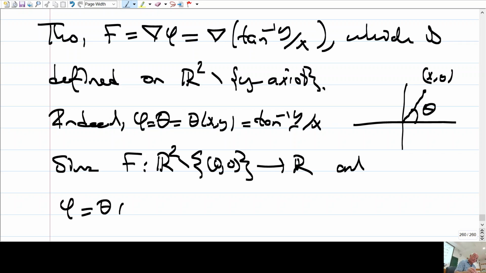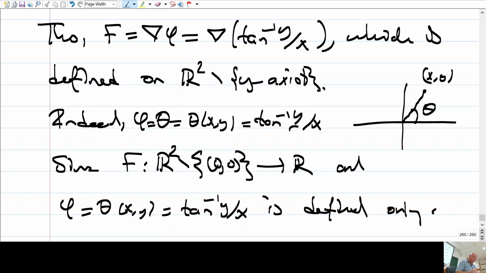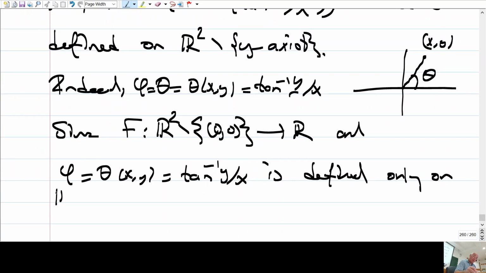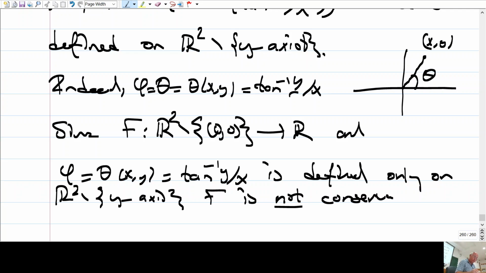Phi, which is theta of x, y, which is tangent inverse of y over x, is defined only on R2 minus the y-axis, where x is 0. F is not conservative on R2 minus (0, 0).